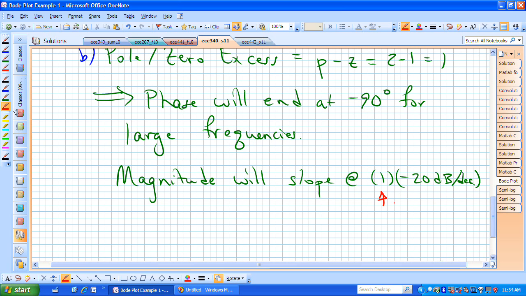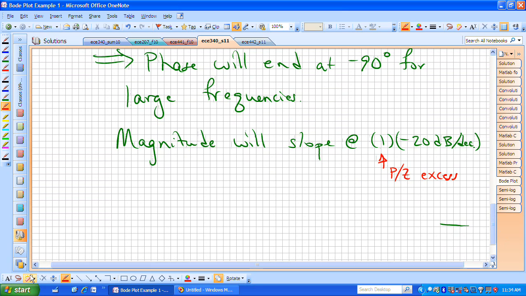This is the pole zero excess value. Since we have a pole zero excess of 1, we will be sloping our magnitude at minus 20 dB per decade for large frequencies.